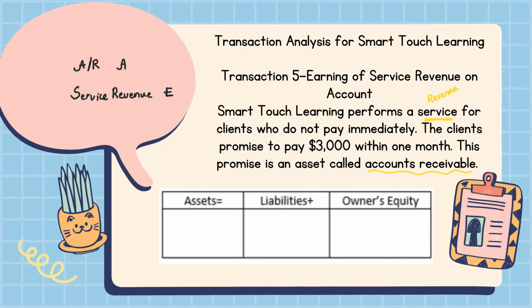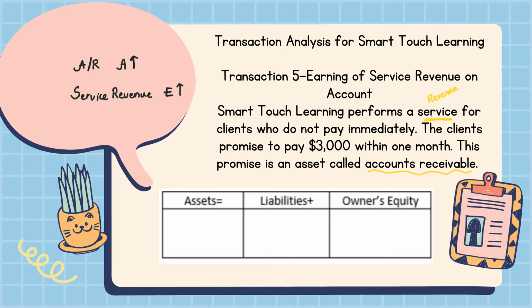Now accounts receivable will increase because I'm going to receive the cash later. Once it's received, the accounts receivable will go down, but now you are creating the receivables, so you are creating this account, so you should increase it. And service revenue will always increase my equity.